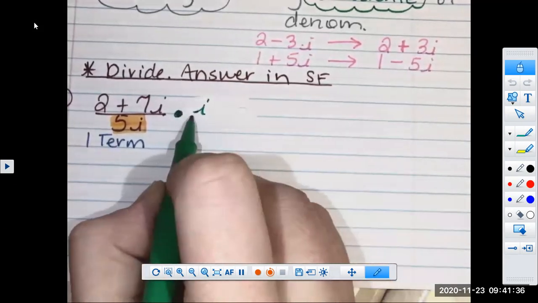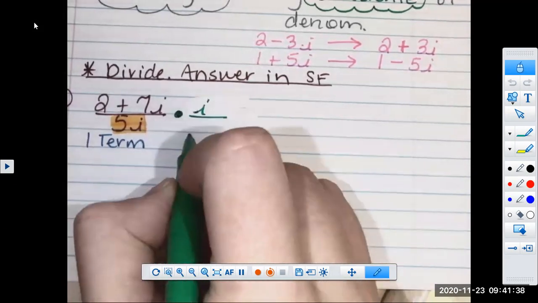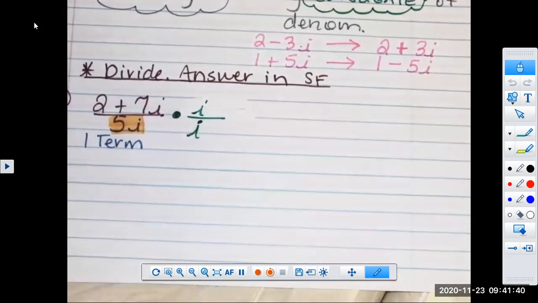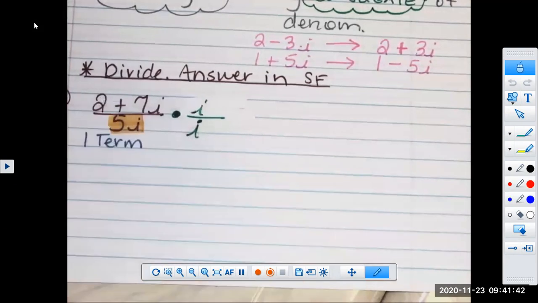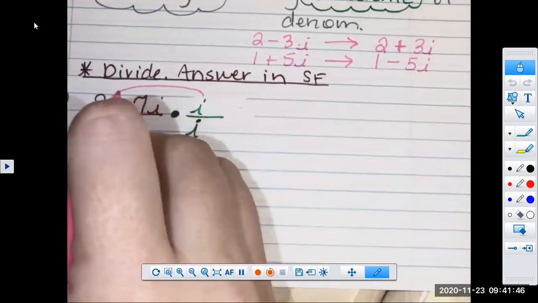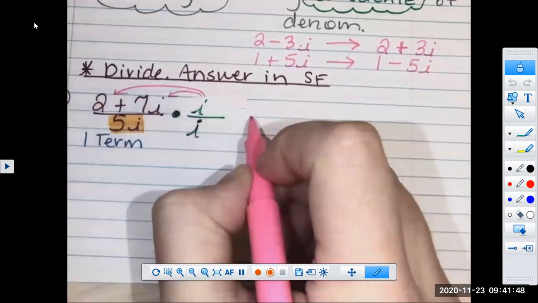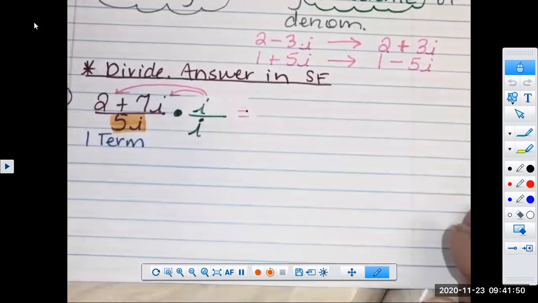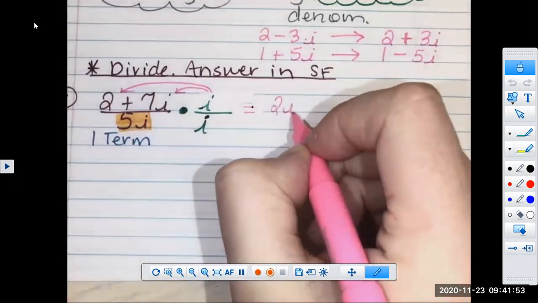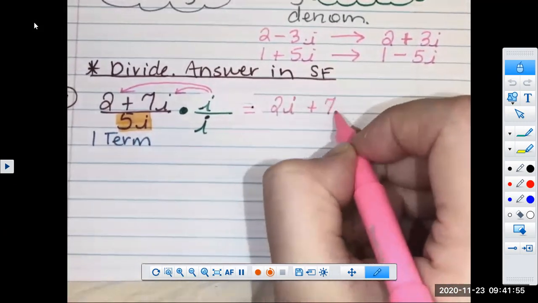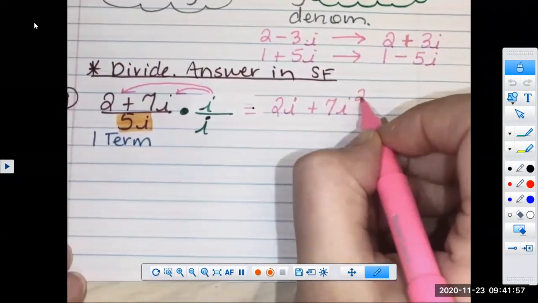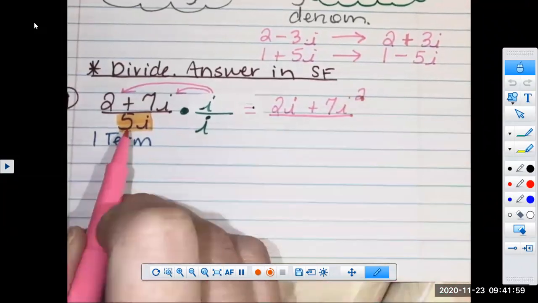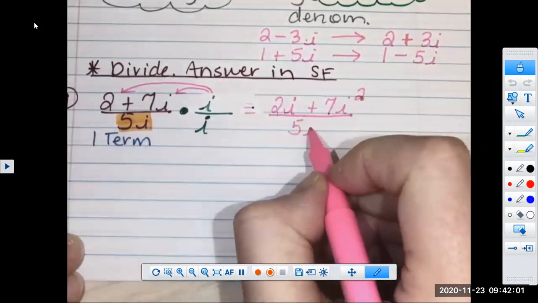You may have to distribute, such as in this case, because notice you have i times 2 and i times 7i. So when you distribute i on the top, you get 2i plus 7i squared. And all of that's divided by 5i times i, which is 5i squared.